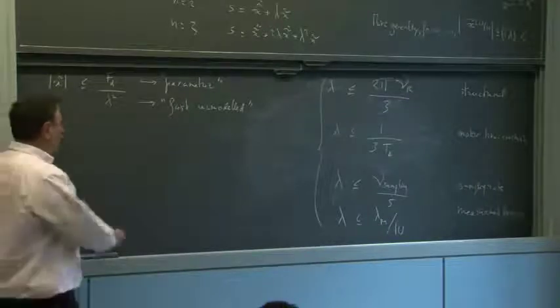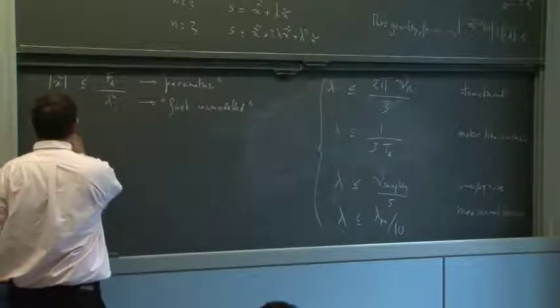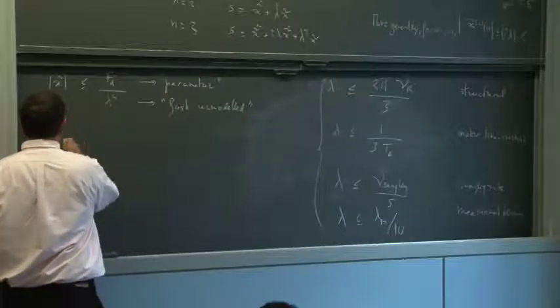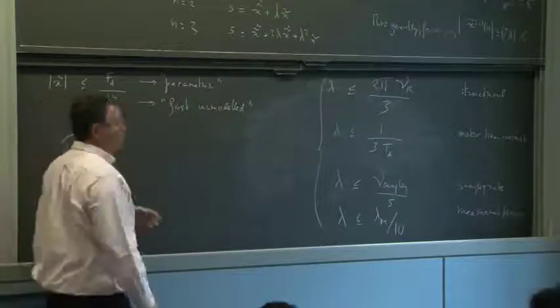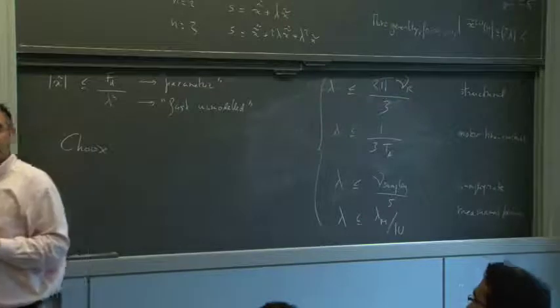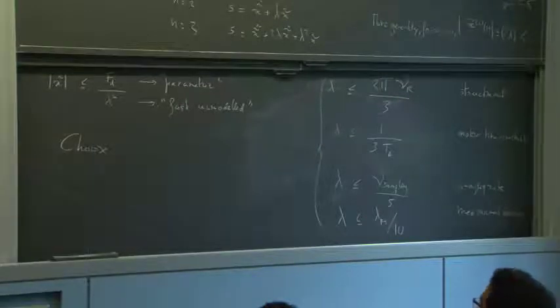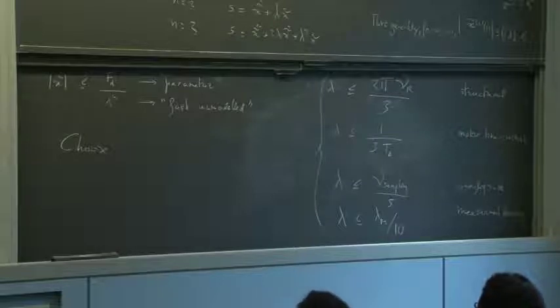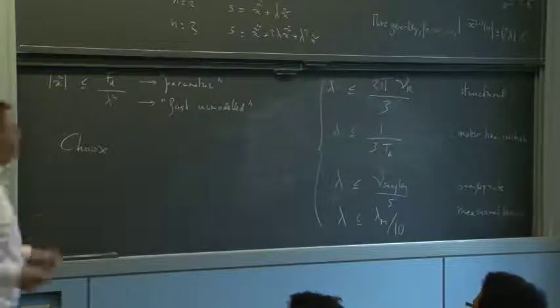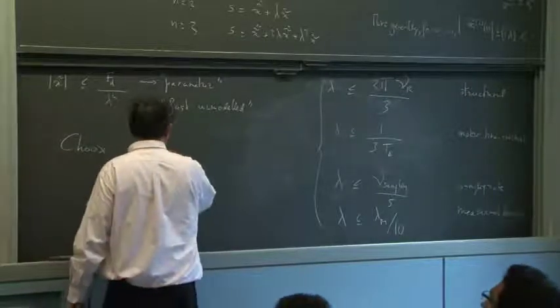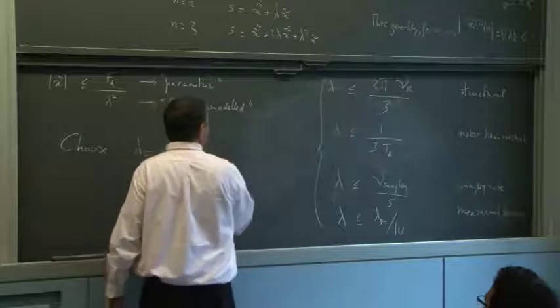At the same time, of course, you want lambda to be as big as possible. So how are you going to pick lambda? You want it to be as big as possible and smaller than all of these things. Well, just take the minimum. So you want lambda to be the minimum of all these bounds.